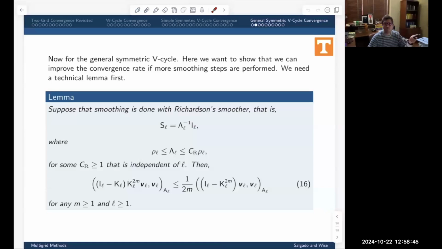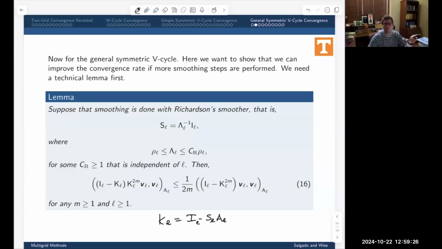And in that case, we can show this estimate: if we see an object like this matrix appearing on the left-hand side in the A_L inner product against a common vector, then we can approximate the size of this by 1 over 2m. Remember, K_L is our error transfer matrix for smoothing, and it's always I minus S_L times A_L.